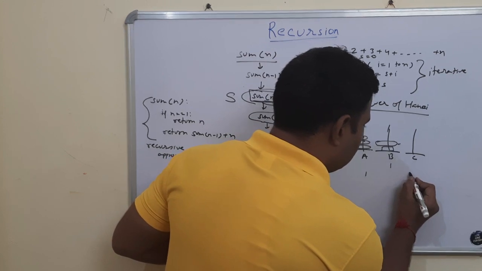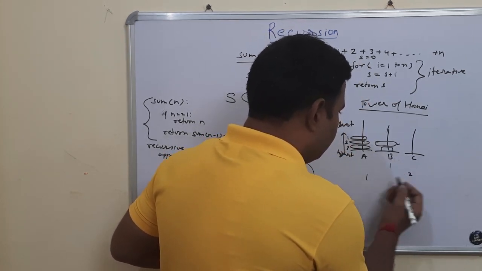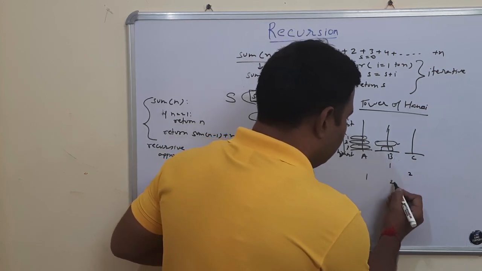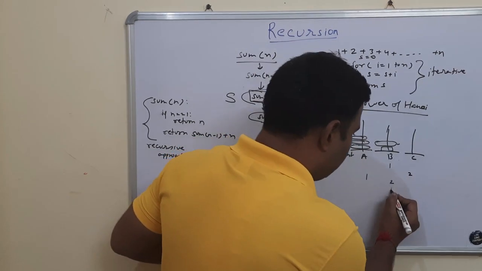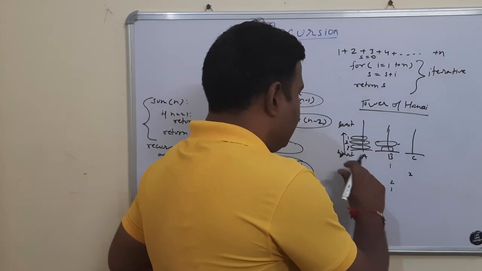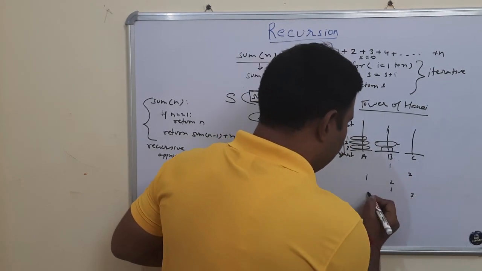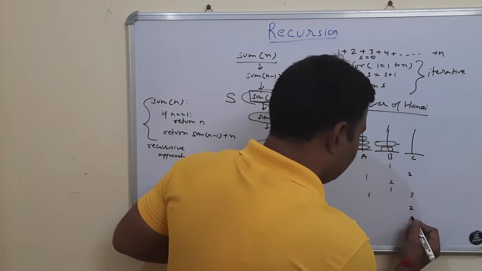So let's say I put this way 1 and 2 and then put 1 here, then 2 here, then 1 on top of it, and then 3 here, then 1 here, and then 2 here, and then 1 here.